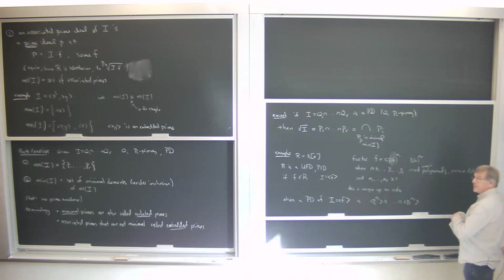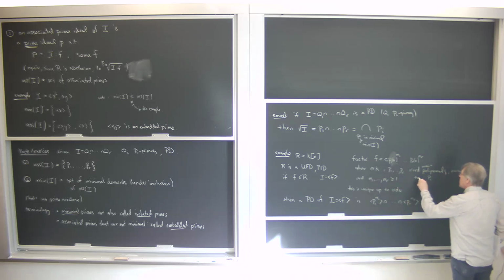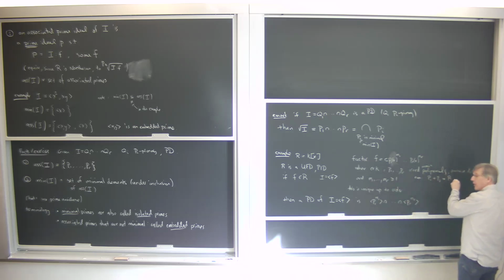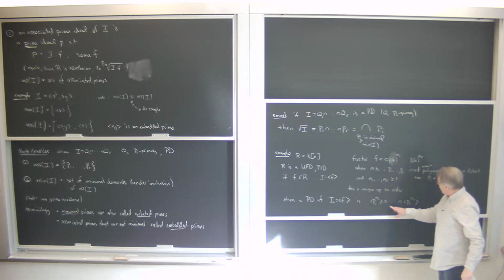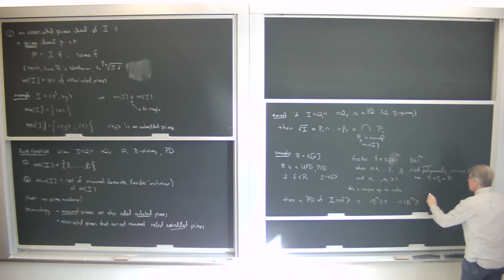Pairwise distinct actually even means more in this case, by the way. We even have pi plus pj is the actual unit ideal, it's R itself. Okay. So in fact, the minimal primes of I is the associated primes of I, and it is just the set of all these p1 to pr.